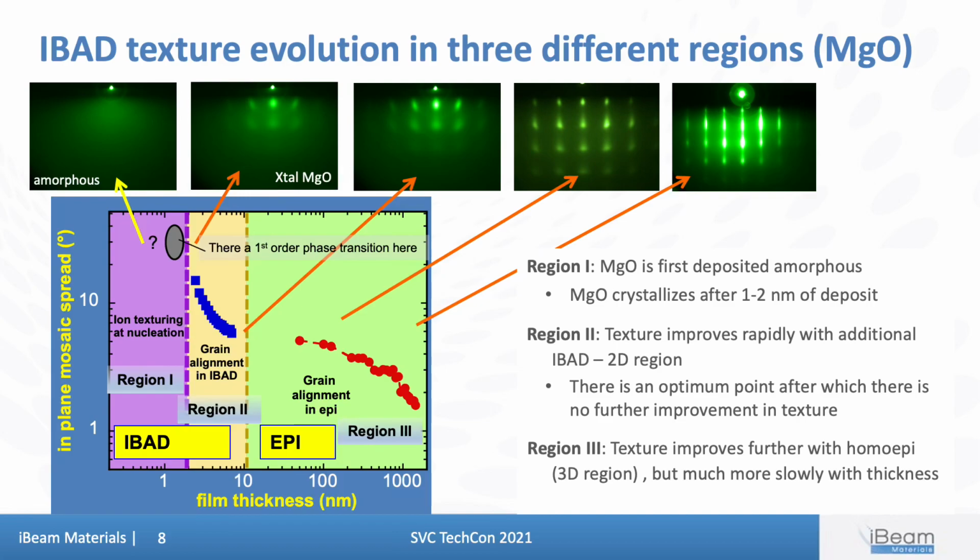There is an optimum point at which texture no longer improves under IBAD, and it is important to stop IBAD at this point as the crystallinity will only degrade. However, the texture improves further by 3D growth in doing homoepitaxial deposition without an ion beam or epitaxial deposition of other overlayers. That is in region 3. The ultimate alignment that can be attained is a function of optimizing all these steps during the deposition process.